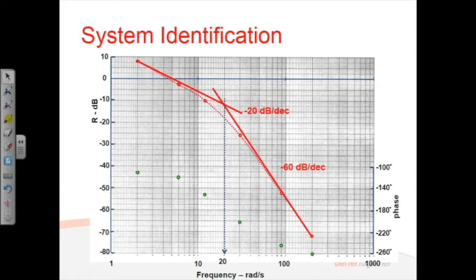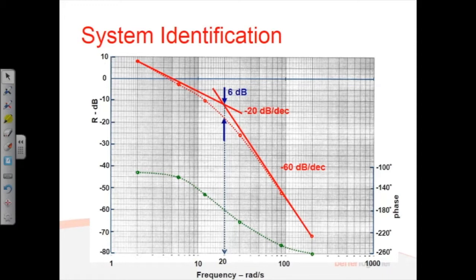The dotted line is the real data, the straight lines are my asymptotes. How we estimate zeta is based on the difference between the asymptotes and the real data at the corner.